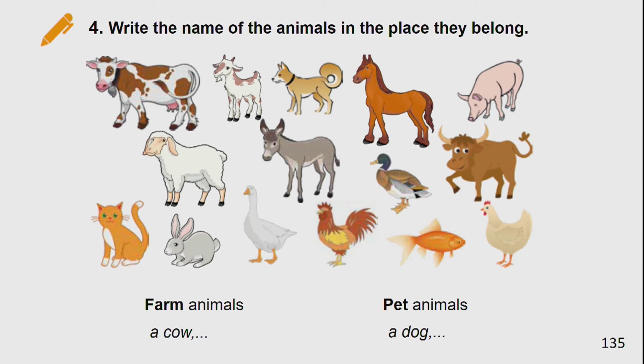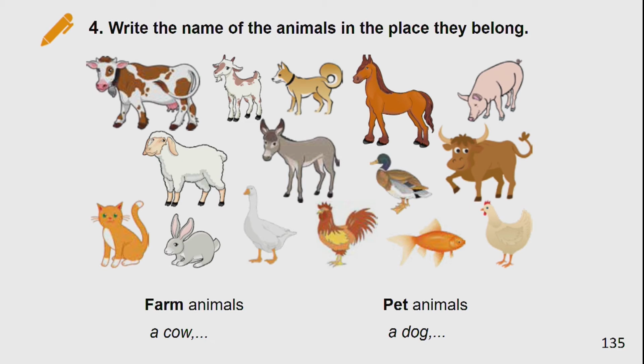Look, this is the exercise 4 from the page 135. How many animals do you see in the picture? 15. Can you name them all? Cow, goat, dog, horse, pig, sheep, donkey, duck, bull, cat, rabbit, goose, rooster, fish, chicken.